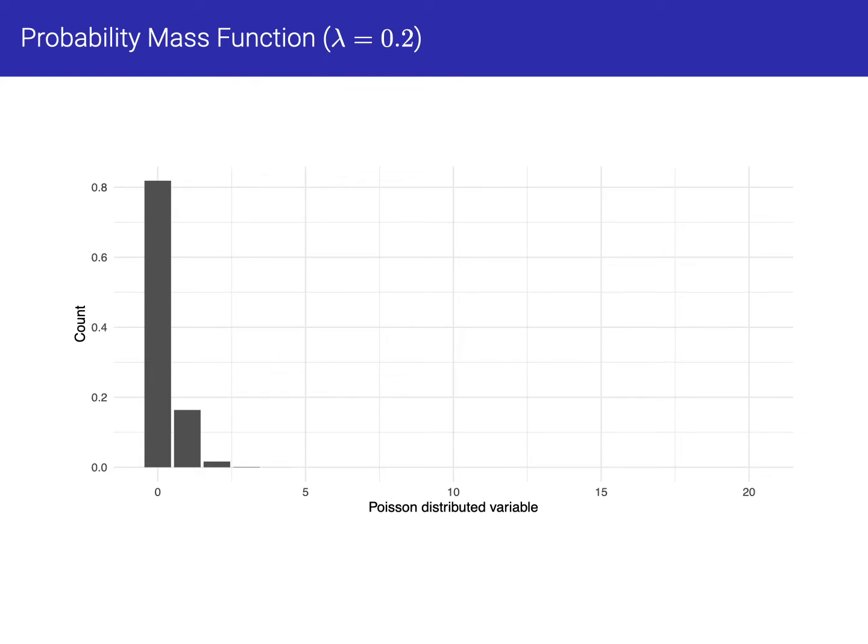Okay, so this is what the Poisson distribution looks like, for example, for a rate of 0.2. Here we have set lambda, the rate, to 0.2, and that's enough to define our Poisson distribution. If we compute the probability masses for each count, we can compute it for every integer starting from 0, because it's a count.